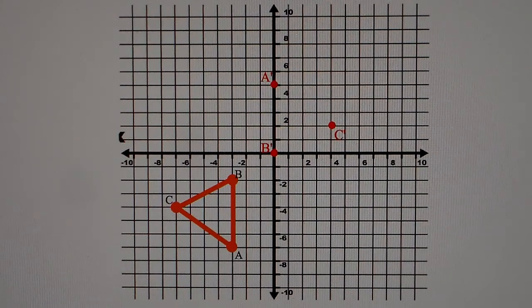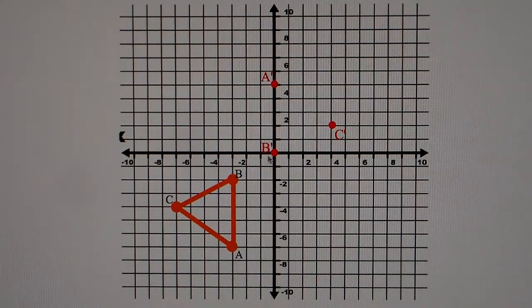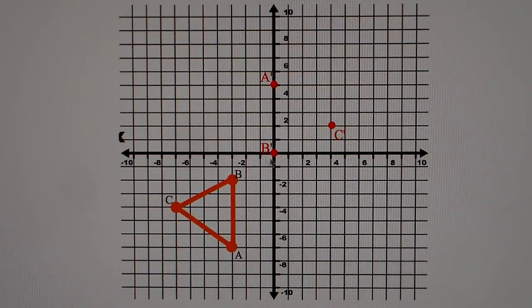Now that we got this triangle, we took this triangle, we moved it 3 to the right, 2 up. Well, now we have to move it in reverse. We go 3 to the left, 2 down. So we just got to move things back now. A, got to go 3 to the left, 2 down.